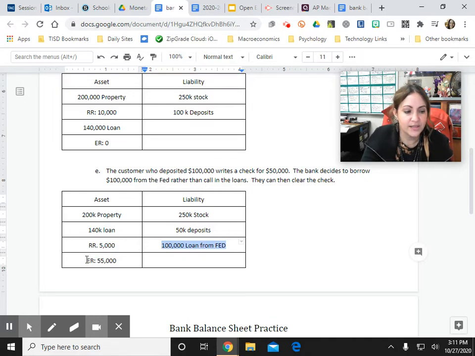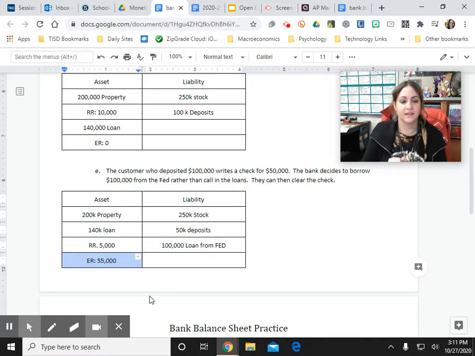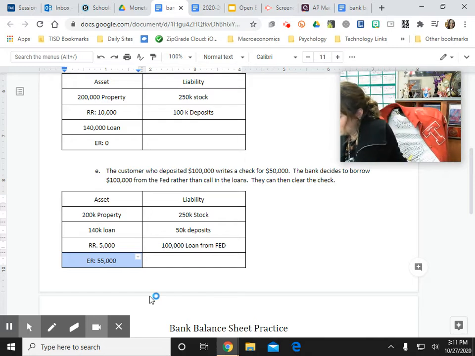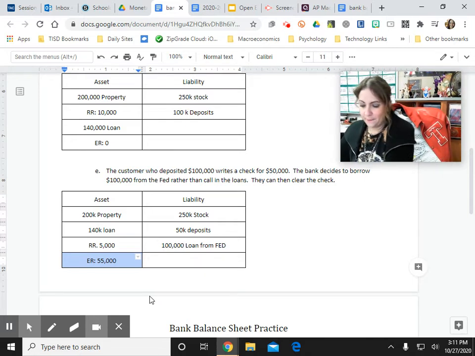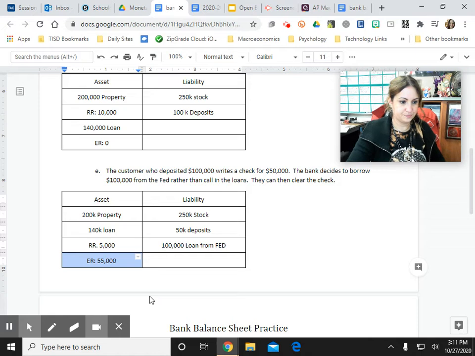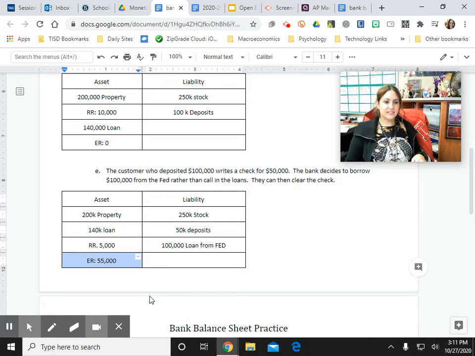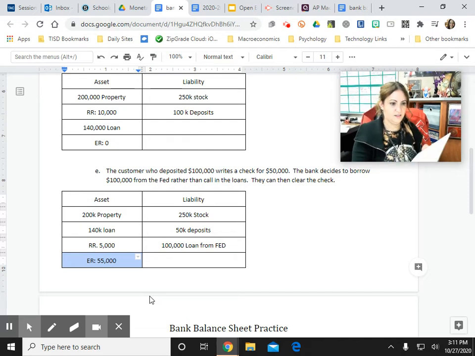The question is, why is excess reserves $55,000? This one's always a tricky question that people have trouble with. Let's look at it.